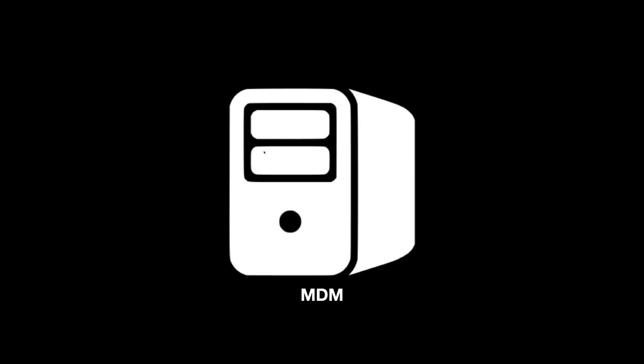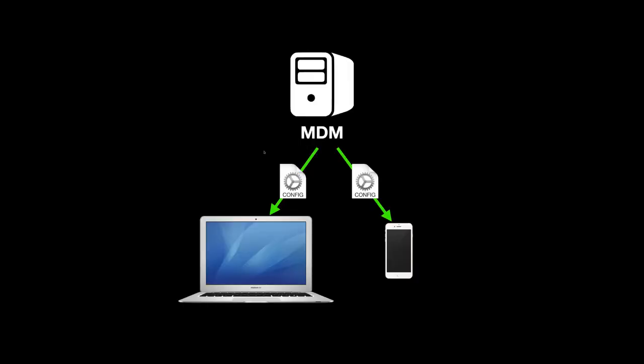So what I would recommend for installing profiles going forward is probably also the most common way to deploy profiles at this point. That is using a mobile device management server or an MDM. So in this case, you would enroll a device with an MDM server.